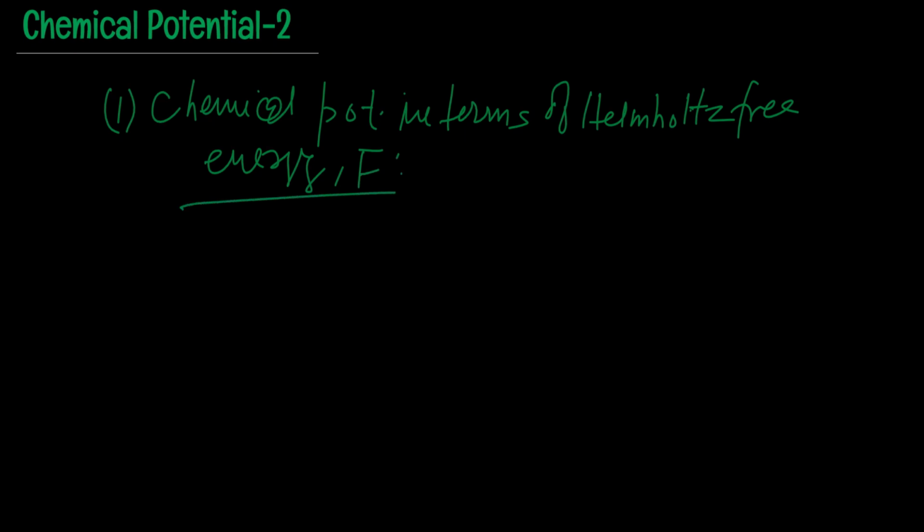I have told you that any thermodynamic potential is a function of three types of independent variables. Two are from the set P, V, T and S, and another is the number of particles in the system, where we have considered a heterogeneous system.